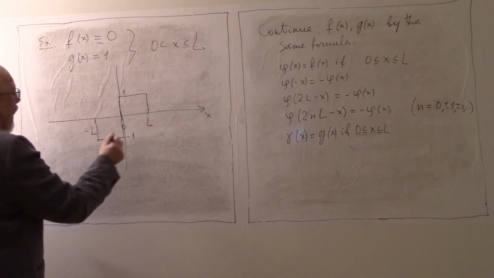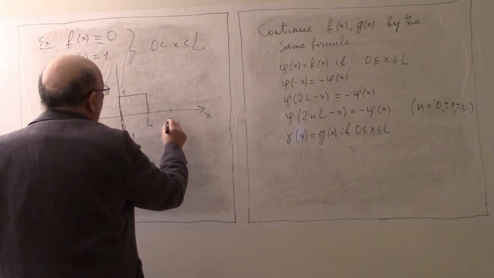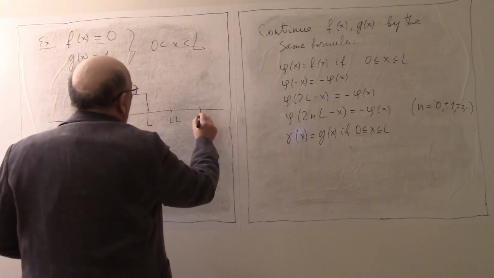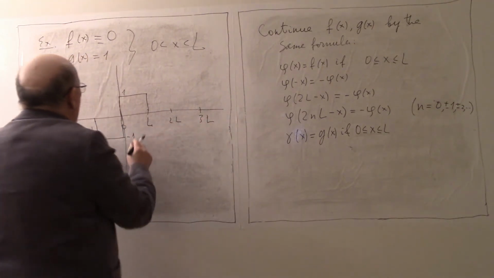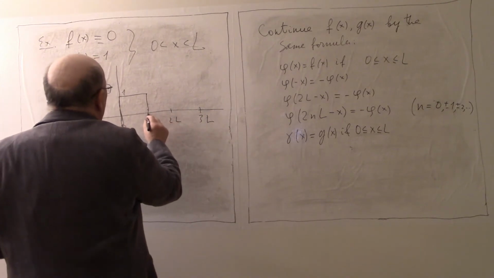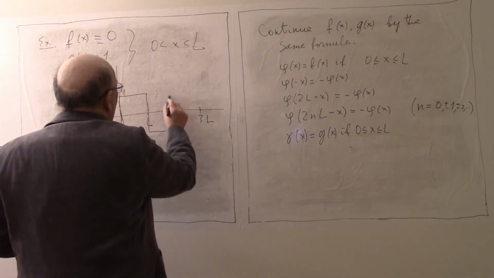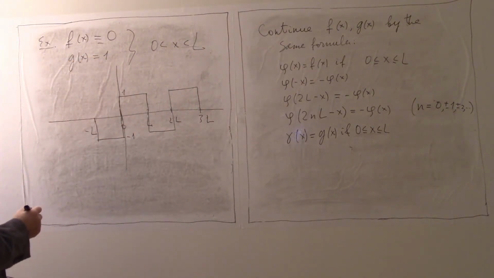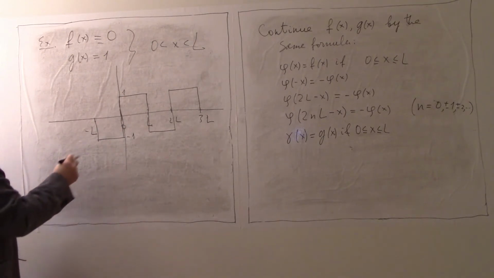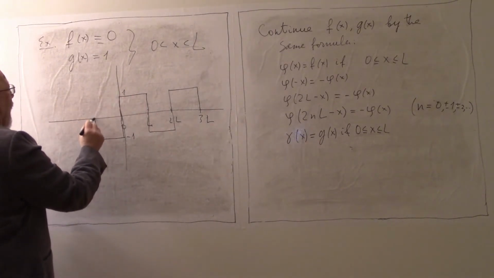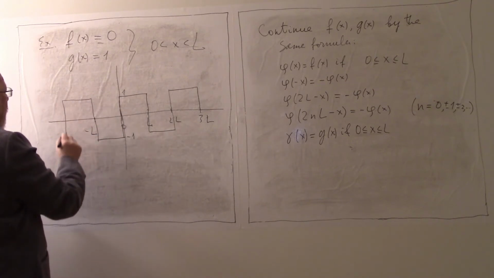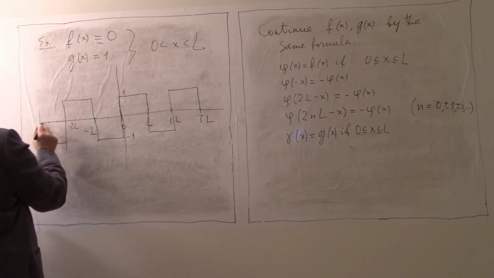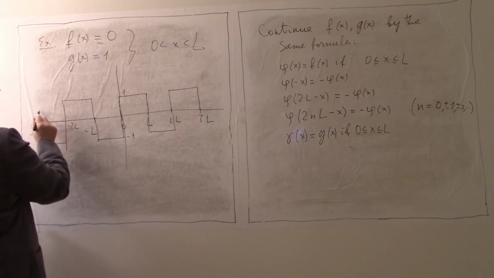Then we reflect it here, so it is 2L, and change sign. This means that here it is minus 1, and here it is 1. Now we flip it here. It is minus 2L, minus 3L and so on.